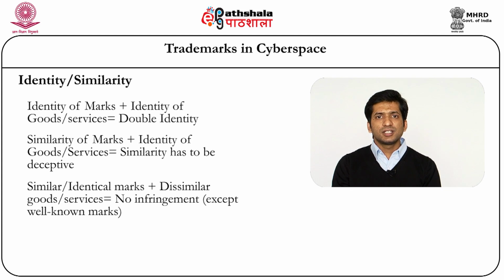In such cases, it is very difficult to prove a strong case for trademark infringement. In most of such scenarios, it is very likely that the court may hold that there is no trademark infringement. However, the only recognized exception to this rule is that of well known trademarks, which we are going to discuss in greater detail in later point in time.